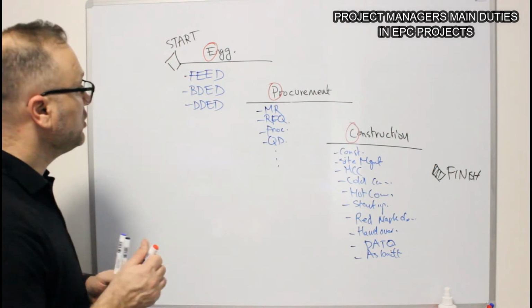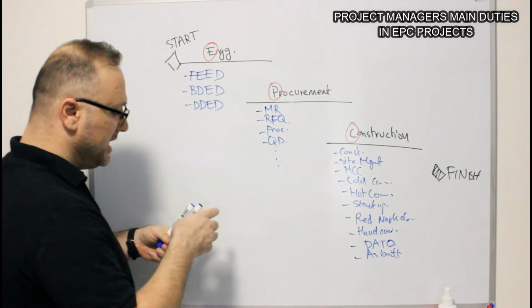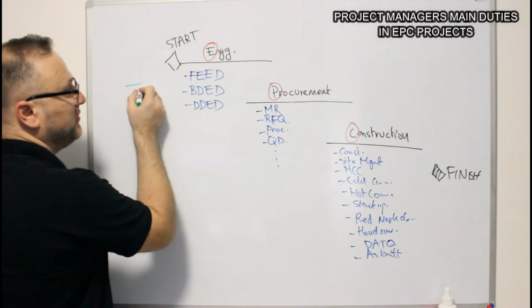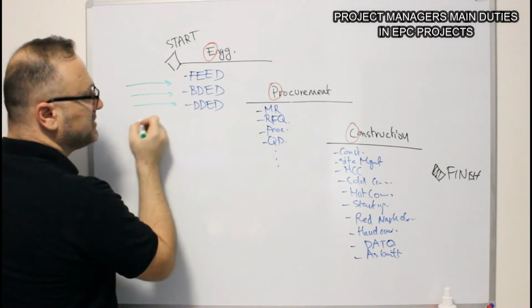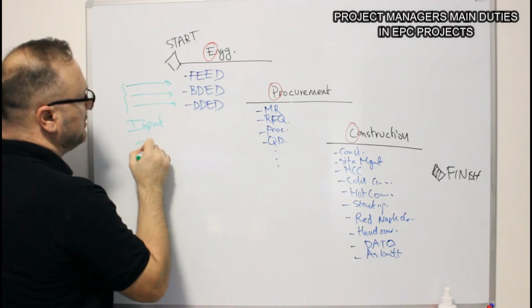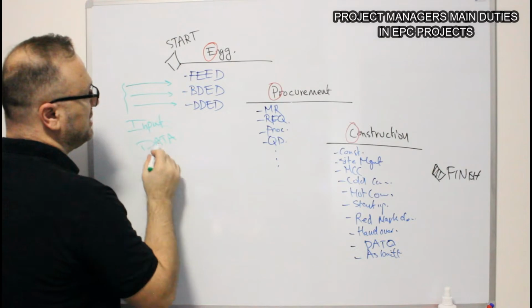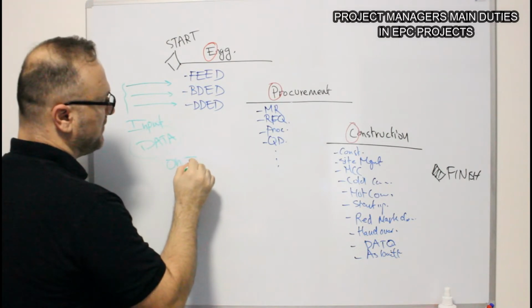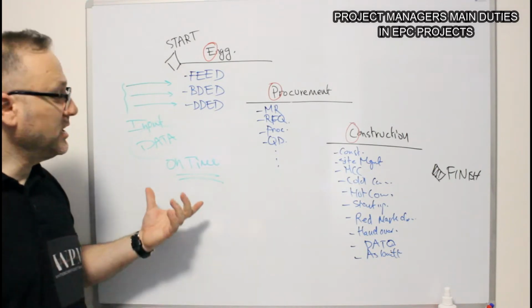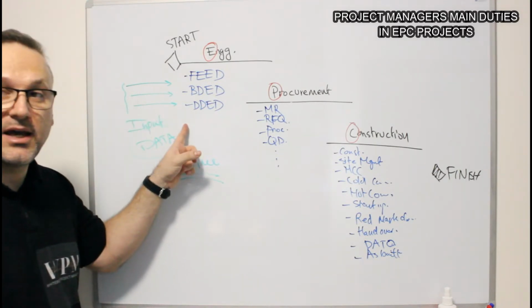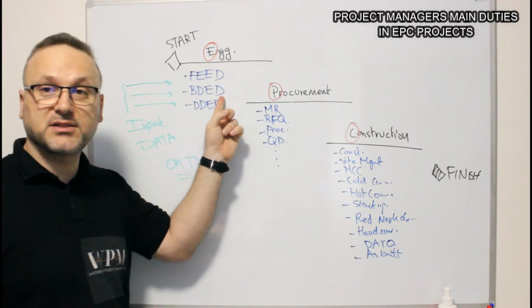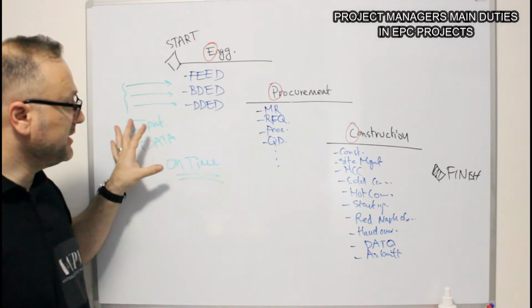In order for the documents to be done, he needs to make sure that, according to the contract, the client is fulfilling the requirements, the input data, to be ready on time. Means that the client is providing you the data in time so your team can work and provide the FEED or the basic design according to the input data.